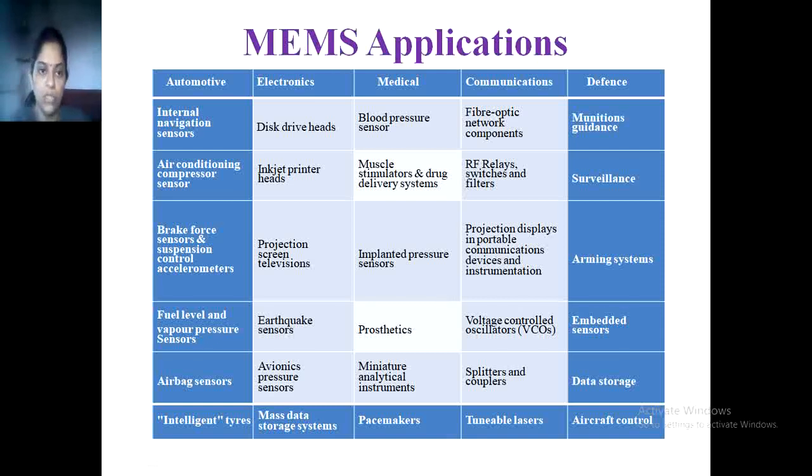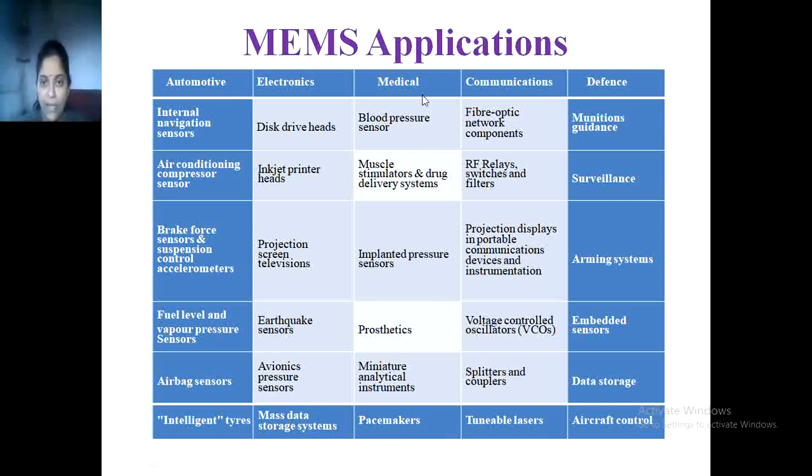So these are the applications in the automotive area. Then in electronics, disk drive heads, inkjet printer heads, projection screen televisions, earthquake sensors, avionics pressure sensor, then mass data storage systems. These are the applications in the electronics field.